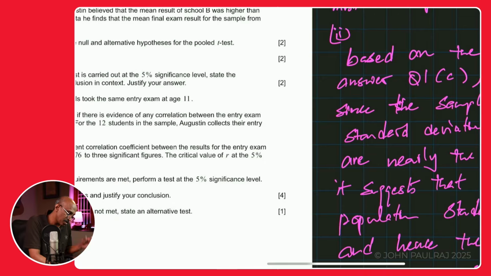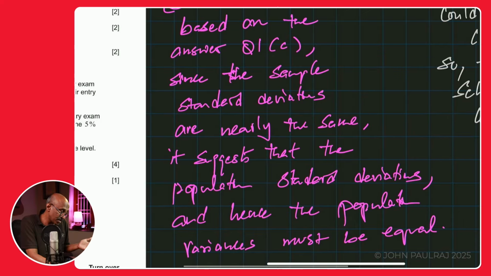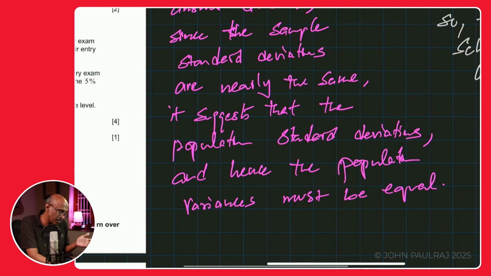So what are we saying? We're saying based on the answer to part 1C, since the sample standard deviations are nearly the same, it suggests that the population standard deviations and hence the population variances must be equal.